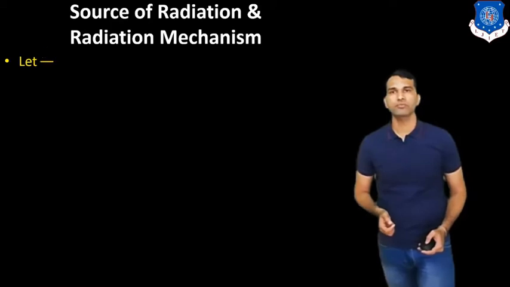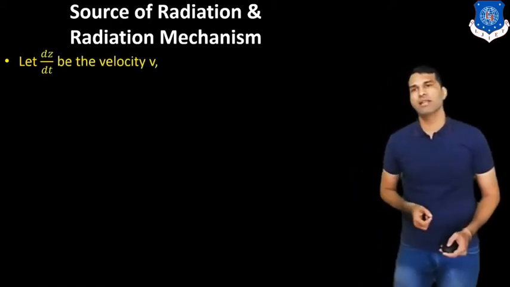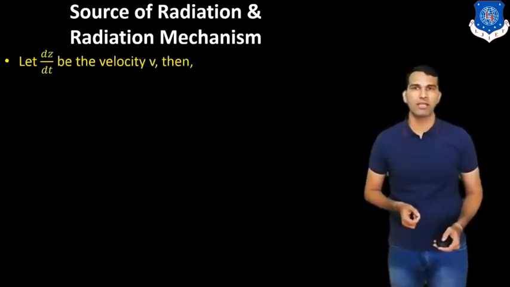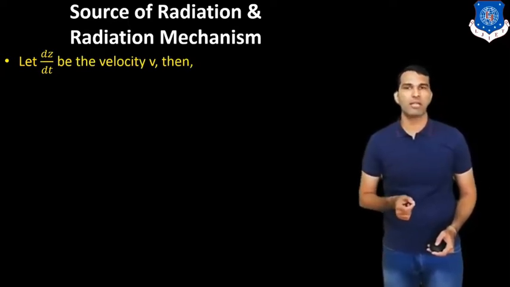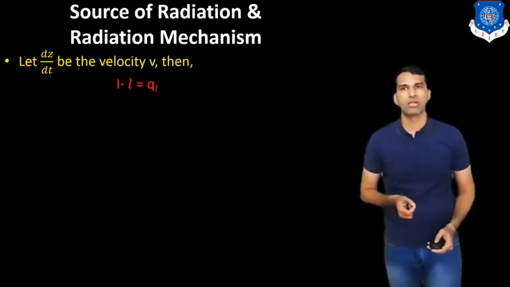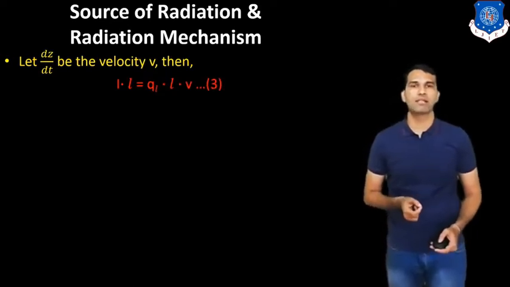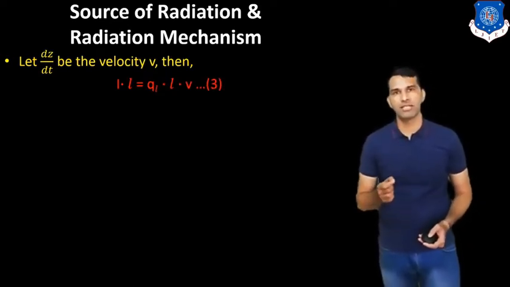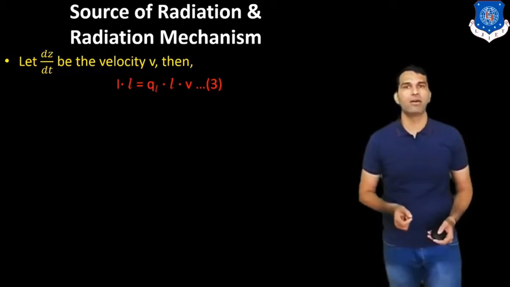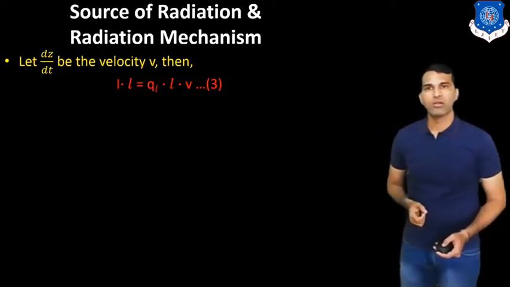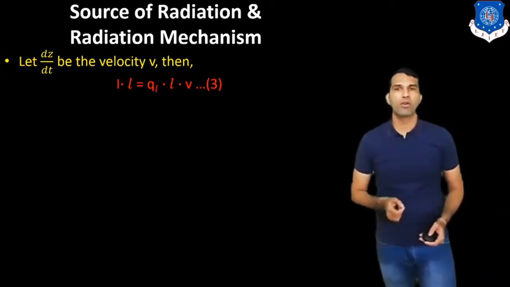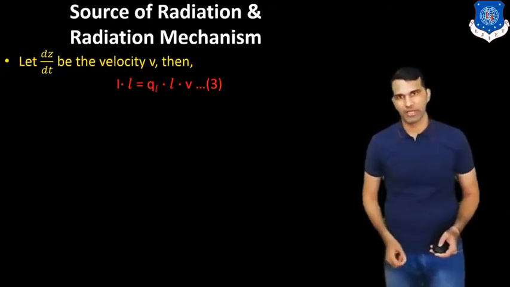Now let dz by dt be the velocity v. We know that dz by dt is defined as the velocity, so we can write the right side terms with v. We get the equation I L equals QL into L into v.